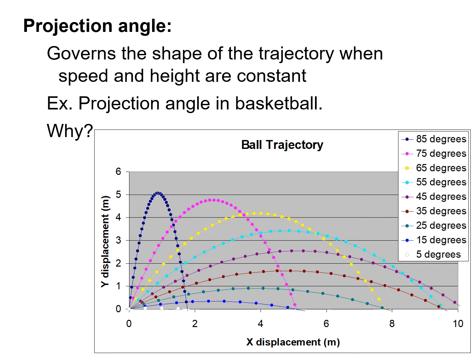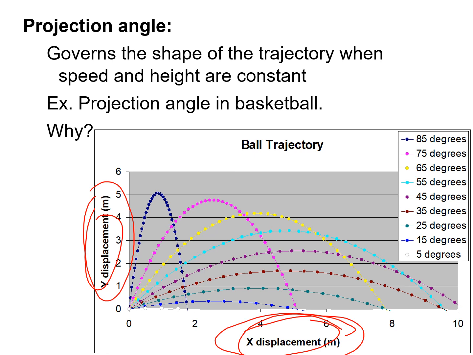This governs the shape of the trajectory when speed and height are constant. If we're looking at throwing a basketball, at different angles we see different height and different x displacement, or horizontal and vertical displacement.